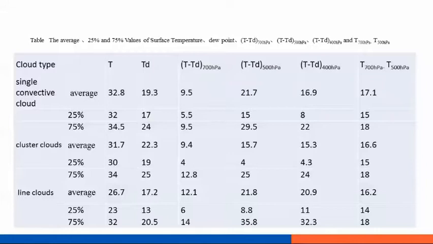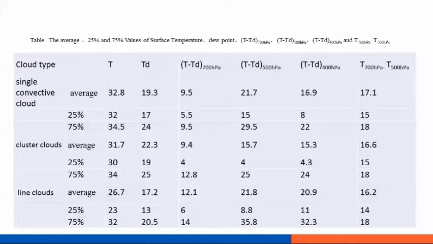This is my work that analyzed environmental parameters of severe convective windstorms, for which we chose wind speeds greater than 25 meters per second in China from 2004 to 2013, almost 10 years.